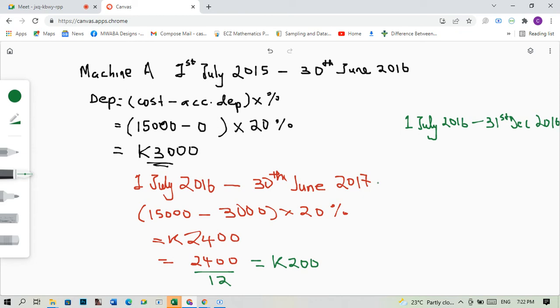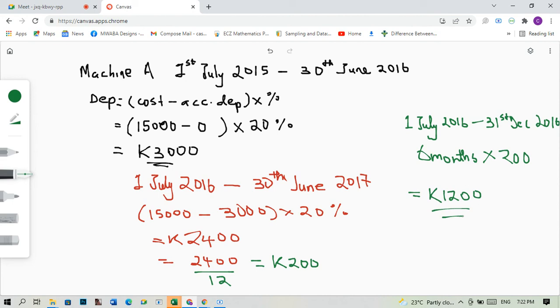So this is the 6 months in between. We multiply these 6 months by our monthly charge because our machine was sold before the year end. 6 times 200 gives us 1,200.